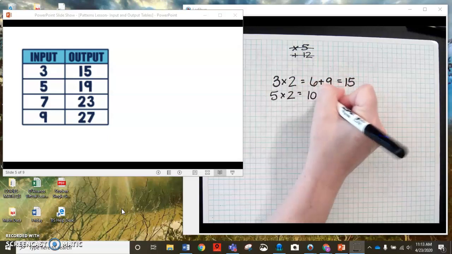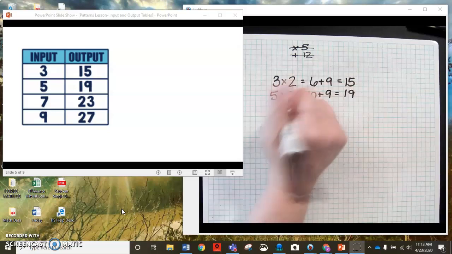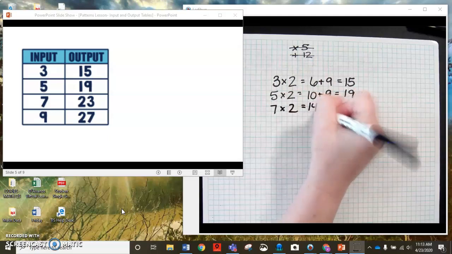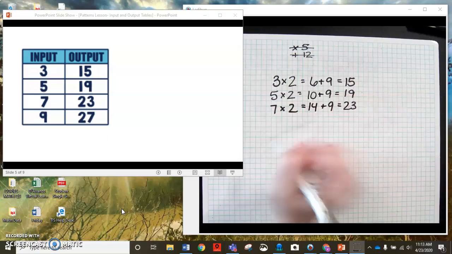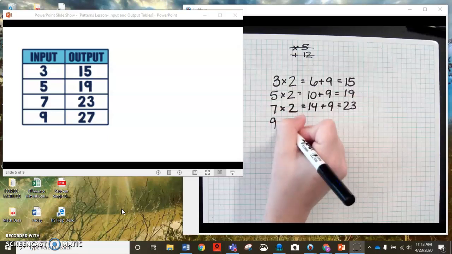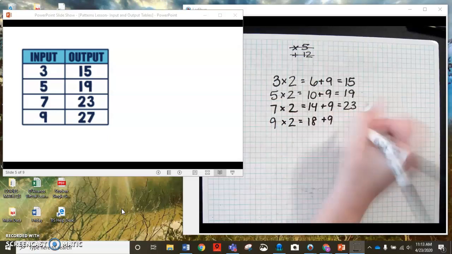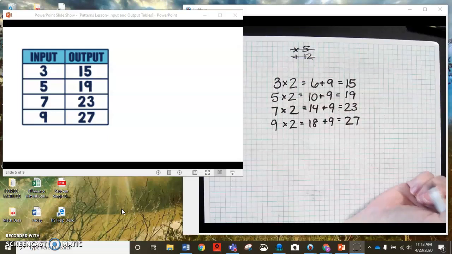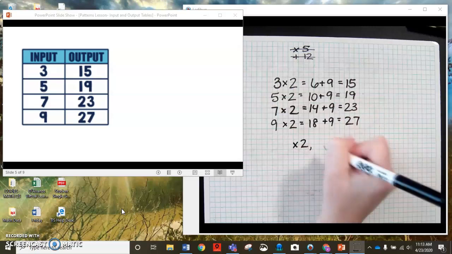And then if I add 9, I get 19. 7 times 2, 14, plus 9, 23. I think I might have found it. If I take 9 and multiply it by 2, I get 18, add 9, get 27. So we have found our rule that we first multiply by 2, then add 9.